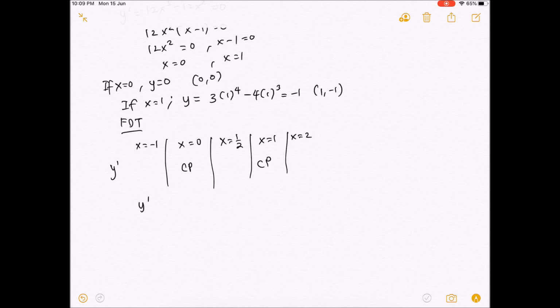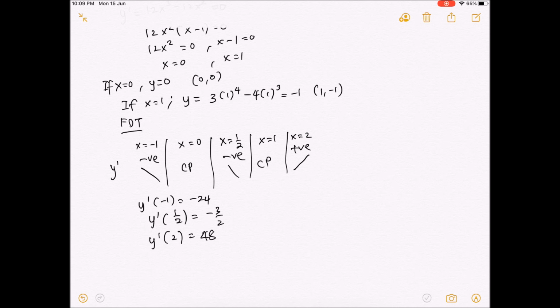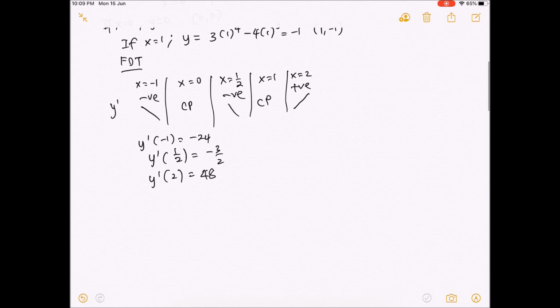So y prime of negative 1 will be negative 24, which is negative, so your slope will be decreasing. Y prime of 1 over 2 is negative 3 over 2, which is again negative, so your slope will be decreasing. Y prime of 2 will be 48, which is positive, so your slope will be increasing. So if you see here, at your critical point x equals to 0, you have a pattern of decreasing again.